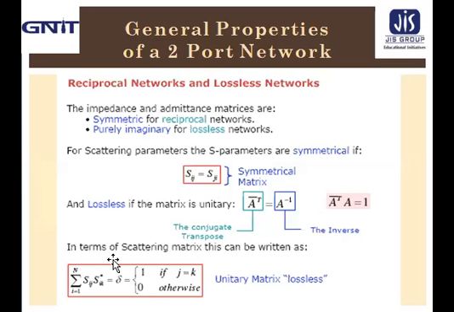And in terms of the scattering matrix, this can be written as the summation over i from 1 to n of Sij into Sjk equal to delta, that is 1 or 0. If j equal to k, then 1, otherwise it will be 0. Then the unitary matrix is lossless.